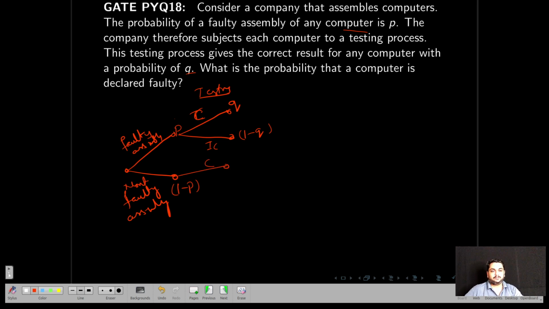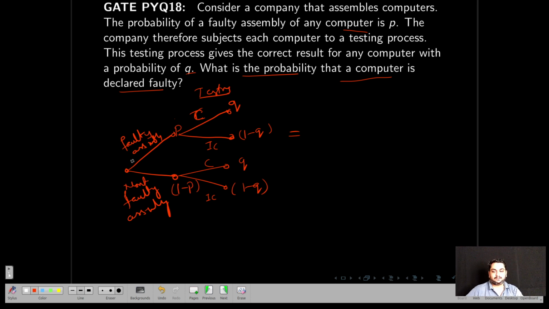Similarly here, C, I C, this is Q, this is 1 minus Q. Now, what is the probability that a computer is declared faulty?